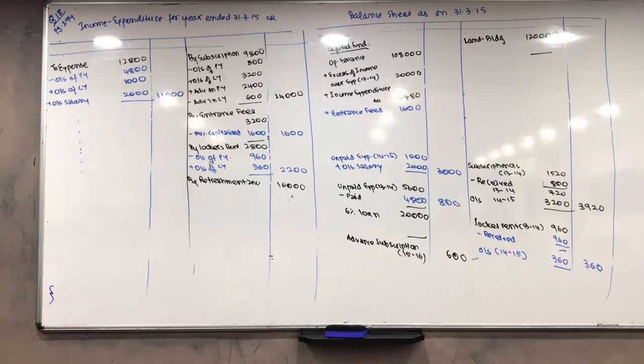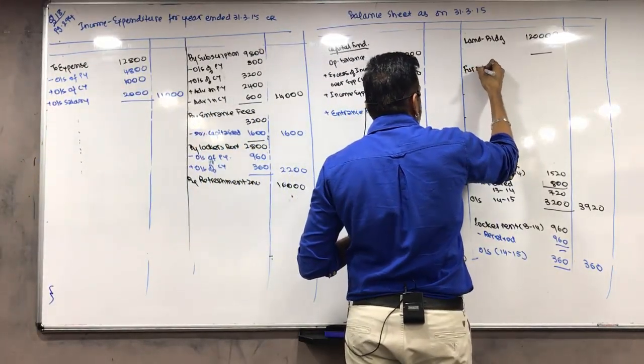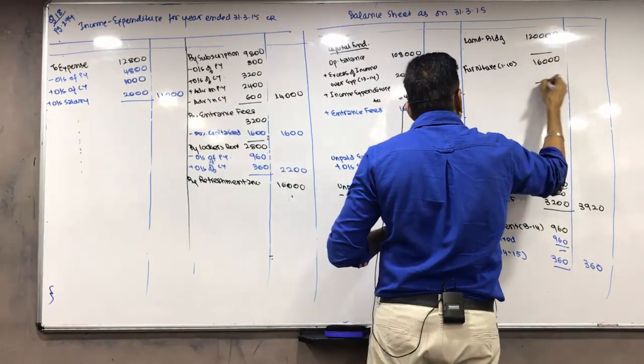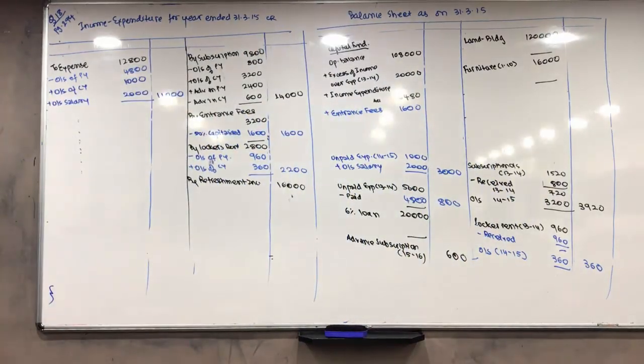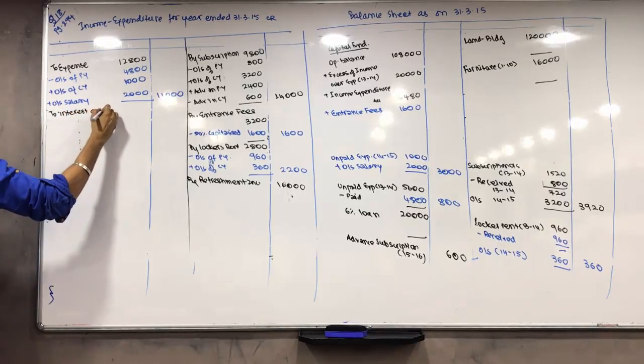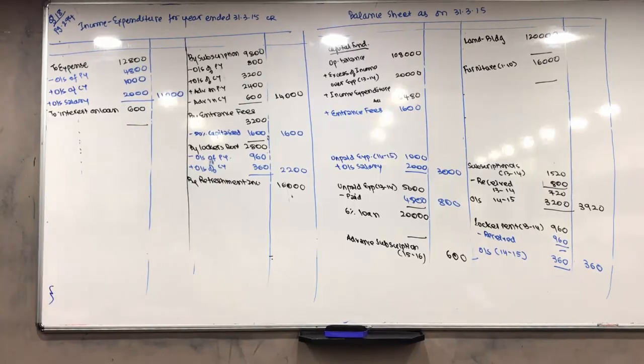Okay. Then furniture we have purchased on 1/10, 16,000. Interest on loan, inner column 600. To interest on loan, inner column 600. Now, how much interest should we have paid? 1,200.